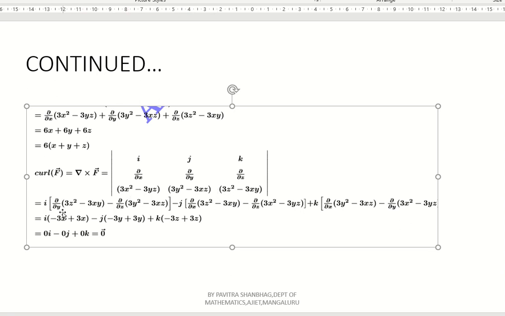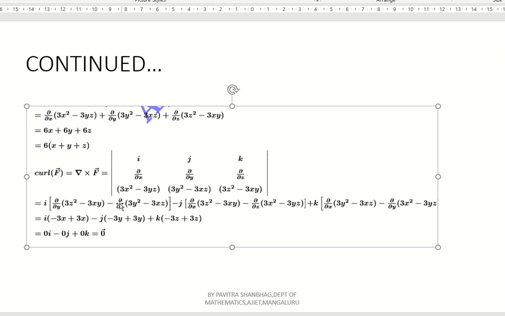Now here i into, what is derivative of this with respect to y? 3z square with respect to y is constant, so its derivative is 0. Derivative of minus 3xy with respect to y is minus 3x. Now minus, again what is derivative of y square with respect to z? 0. Again derivative of minus 3xz with respect to z is minus 3x.